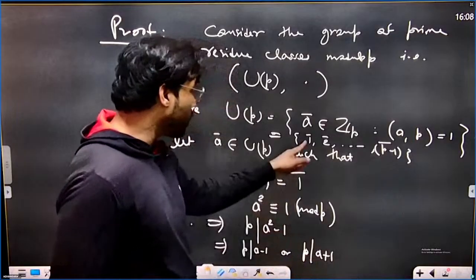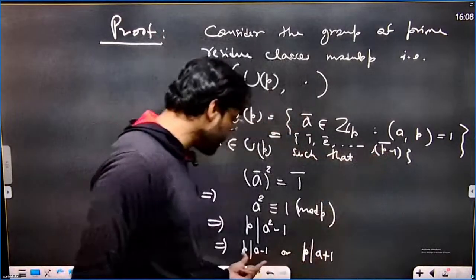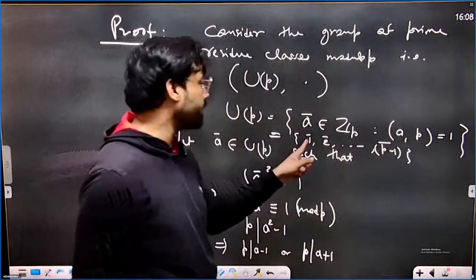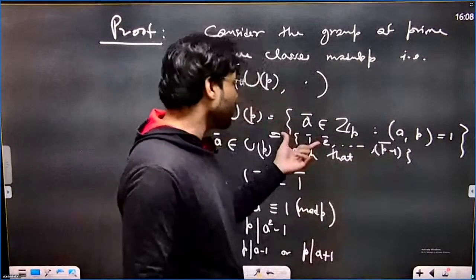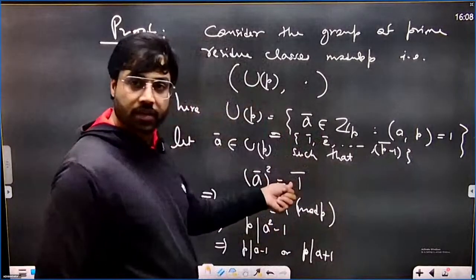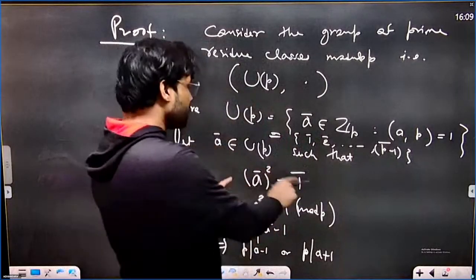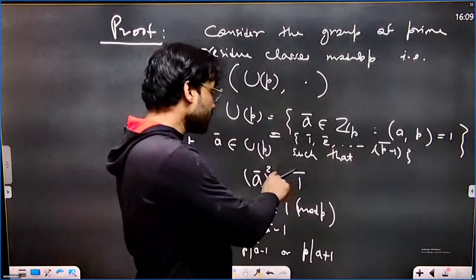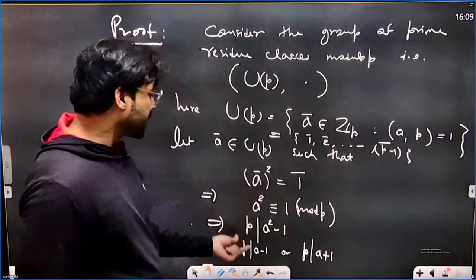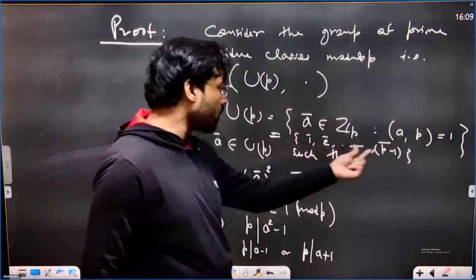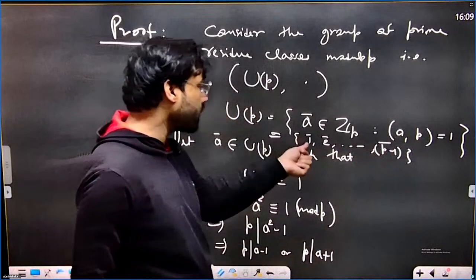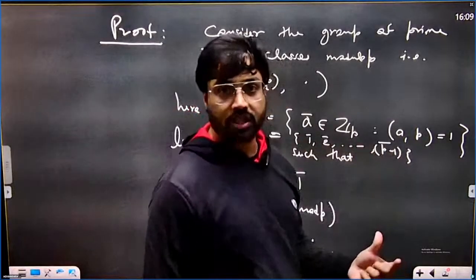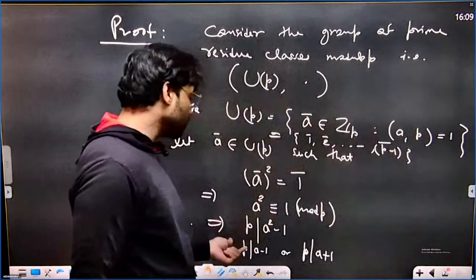So only 1 and p minus 1 satisfy this. That means only 1 and p minus 1 are the elements of this group which are inverse to themselves.